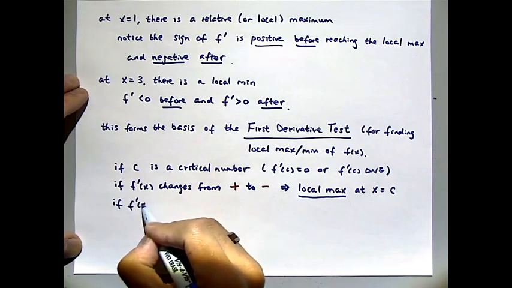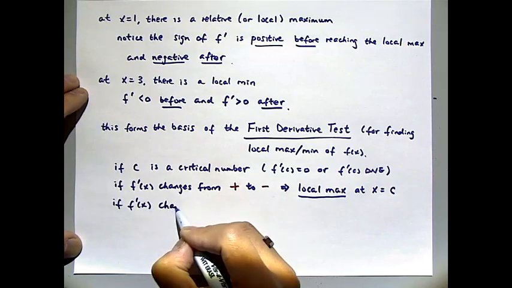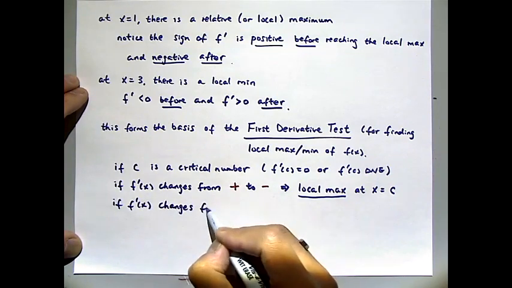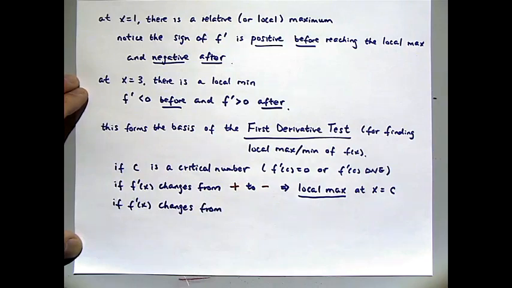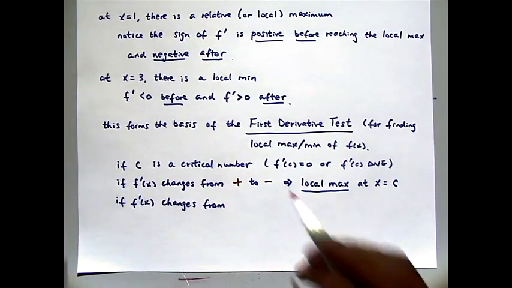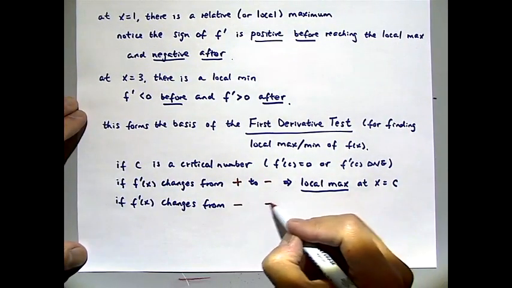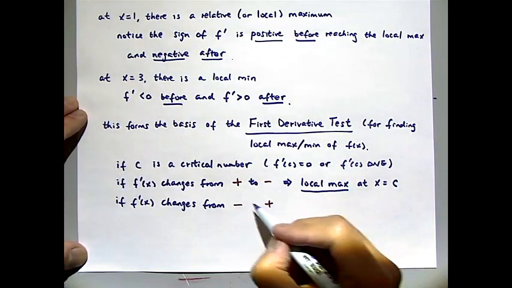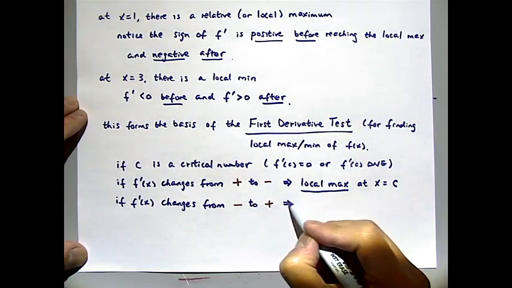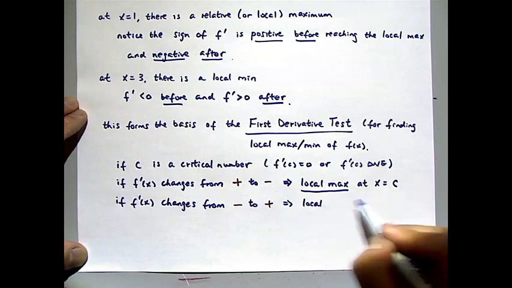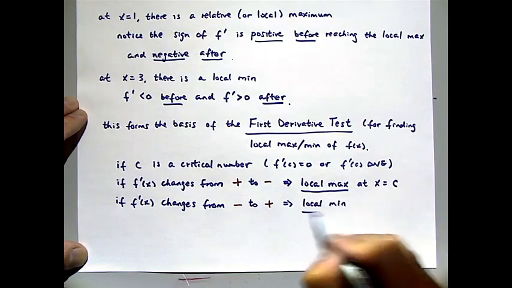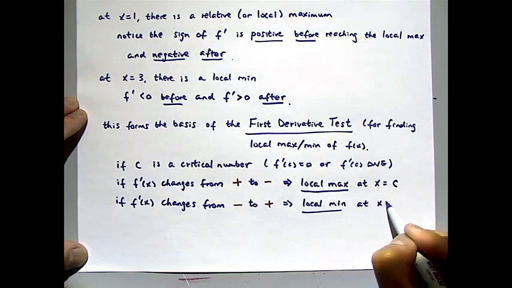If f prime of x changes from negative to positive, then we have a local or relative minimum at x is equal to c.